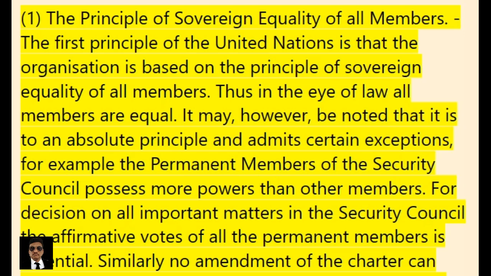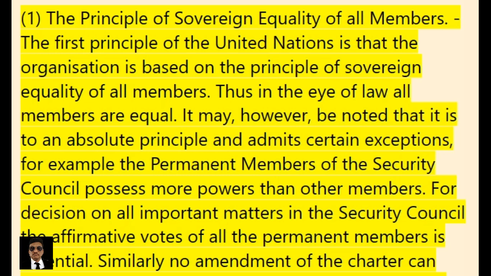It may, however, be noted that it is not an absolute principle and admits certain exceptions. For example, the permanent members of the Security Council possess more powers than other members. For decisions on all important matters in the Security Council, the affirmative votes of all the permanent members are essential.